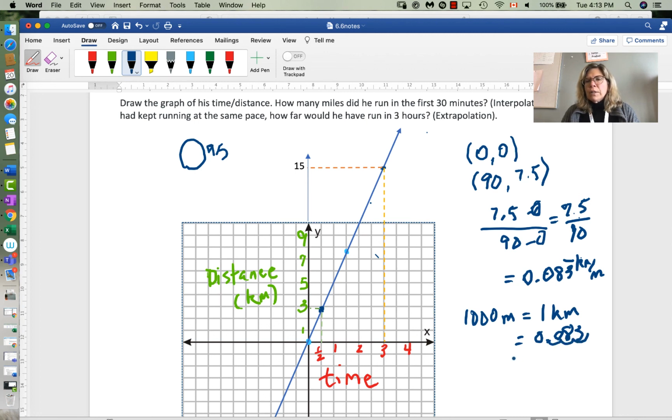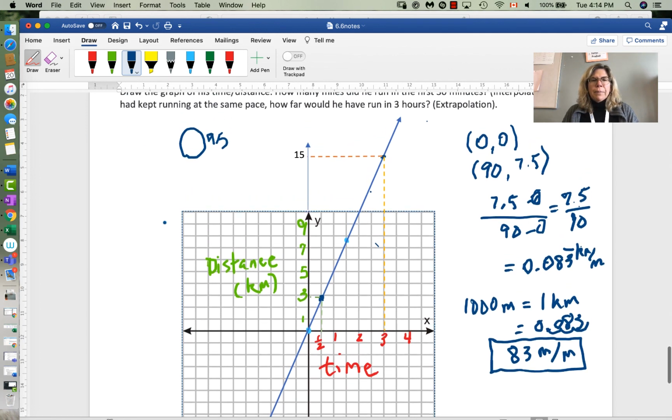So he runs 83 meters per minute, because these are minutes, 90 minutes. Okay, so now we know this. Let's keep going.